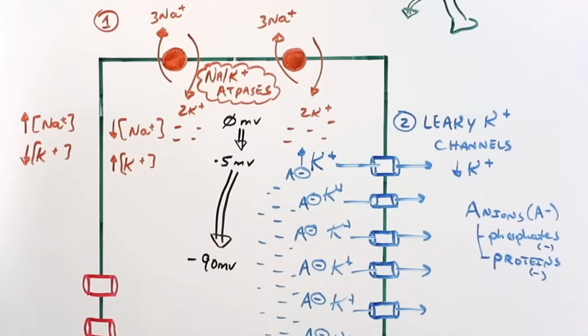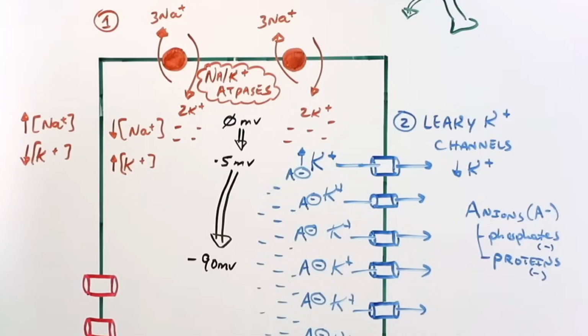So not only does potassium stop leaking outside of the cell because of this pull, any potassiums outside the cell get pulled back inside the cell due to the electrostatic pull. So now you have two forces at play: the law of diffusion forcing potassium to go to the lower concentration, which is outside the cell, and the electrostatic pull, which is pulling the potassium back inside the cell.